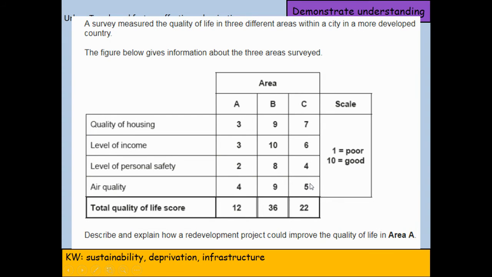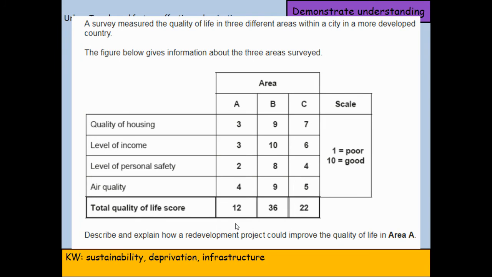So I want you to describe and explain how a redevelopment project could improve the quality of life in Area A. So think, how could you redevelop Area A to make it better? You'd need to increase the quality of housing. You might want to build some businesses there to give people the chance to get a job.